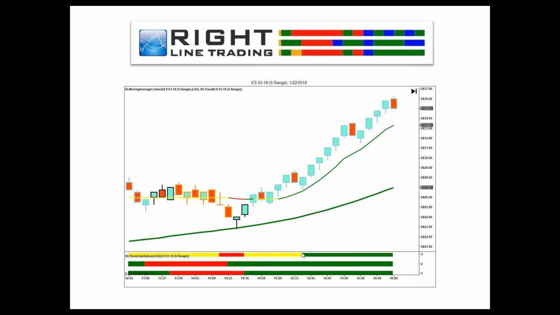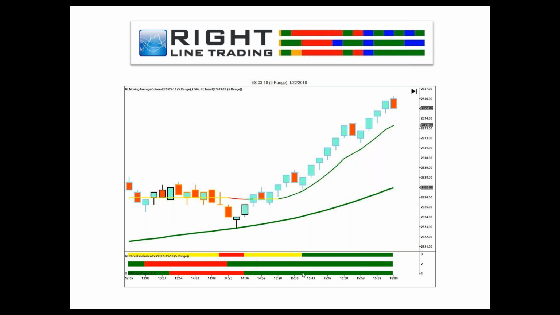Now what we found in addition, and this really makes it a sophisticated assessment, is that the MACD can be moving in your direction, the MACD line, but it may not have yet crossed the signal line. So in order for the candle to get outlined in the long color or the short color that you choose, the stochastic line and the order flow line have to be the same color.